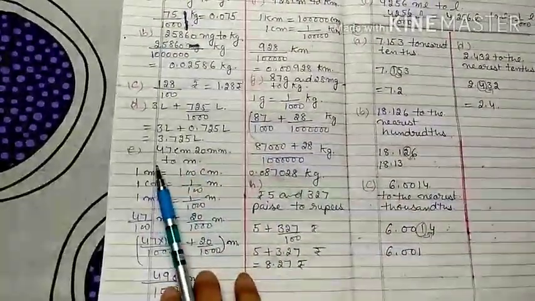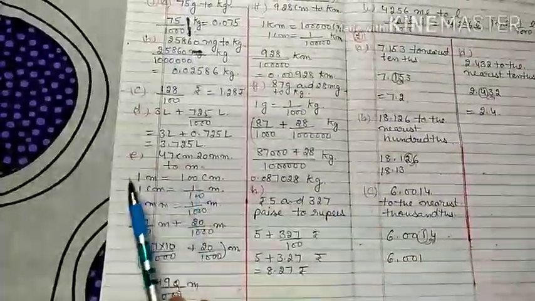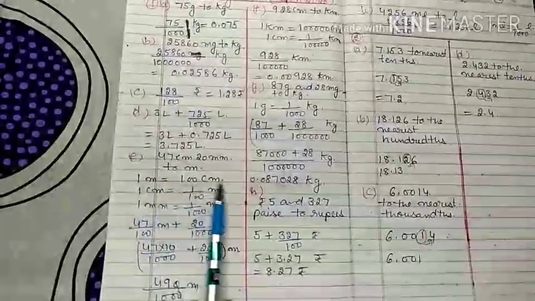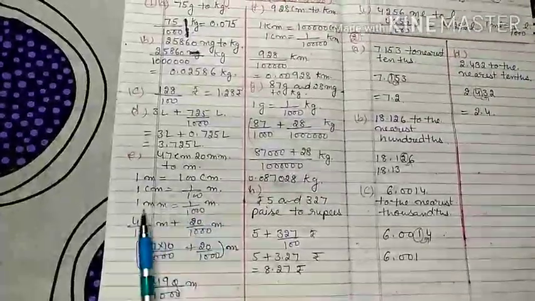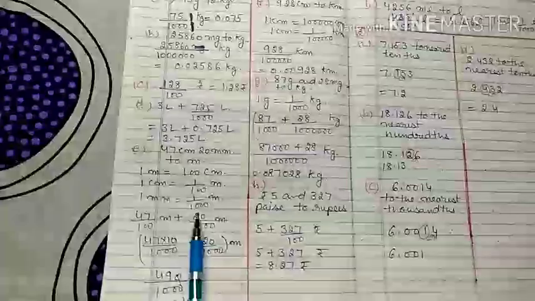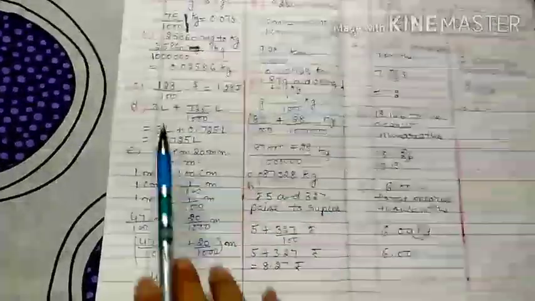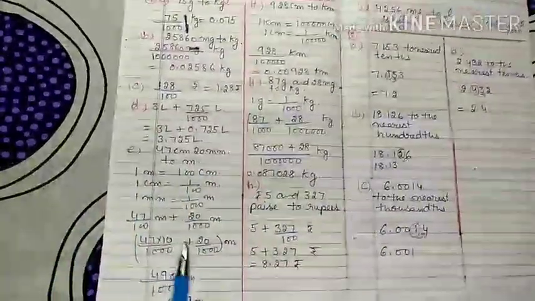Now your E part is 47 centimeter 20 millimeter to meter. You convert this, because 1 meter is equal to 100 centimeter, 1 centimeter is equal to 1 by 100 meter, and 1 millimeter is equal to 1 by 1000 meter. So when you convert this millimeter into meter and centimeter into meter, you multiply this part by 1 by 100 and this part by 1 by 1000.